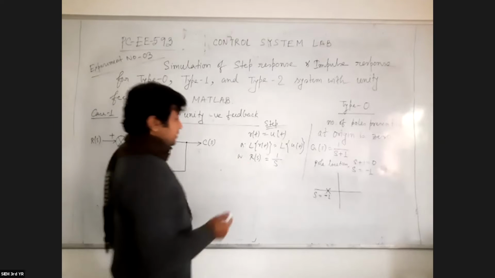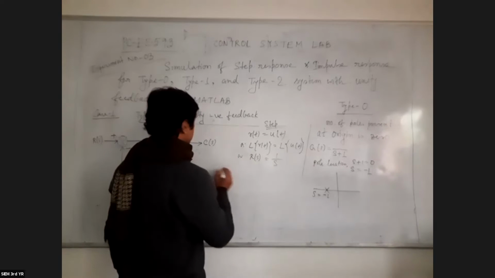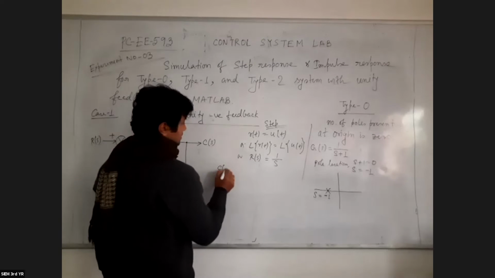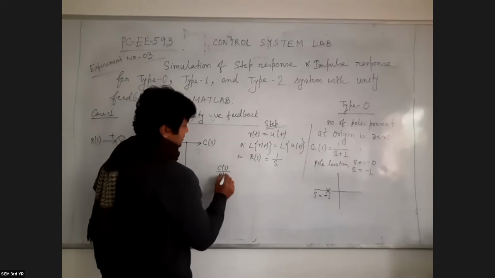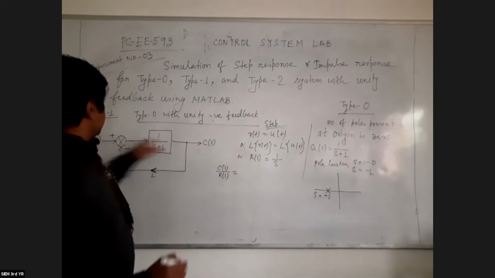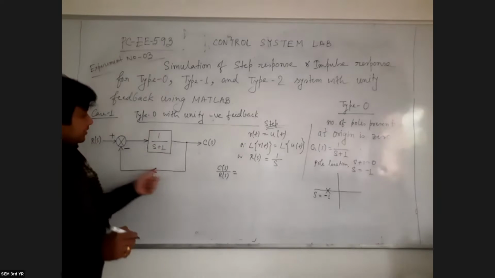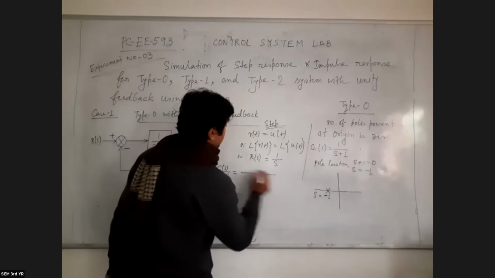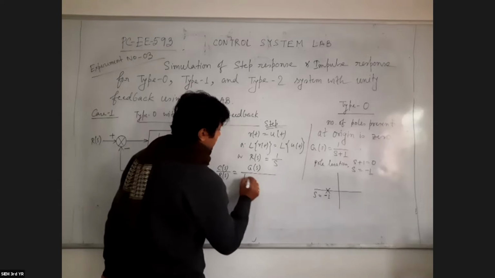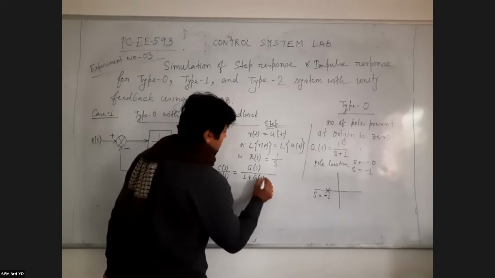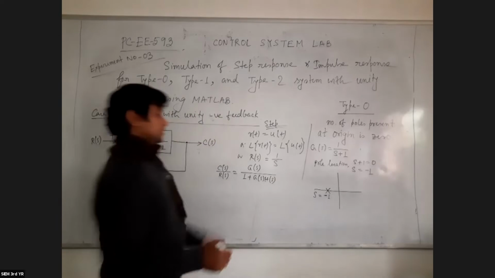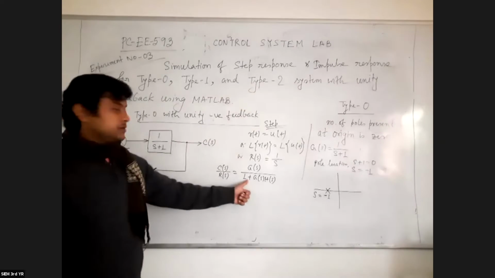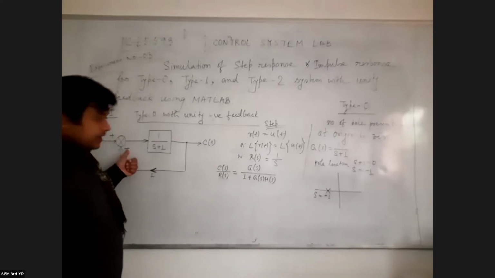Now C(s) by R(s), if we eliminate the negative feedback as per the formula: for negative feedback, G(s) by 1 plus G(s)H(s). This one is positive due to the feedback being negative.